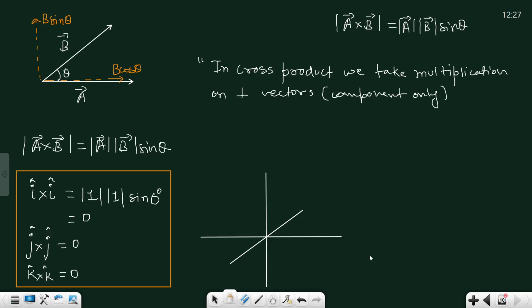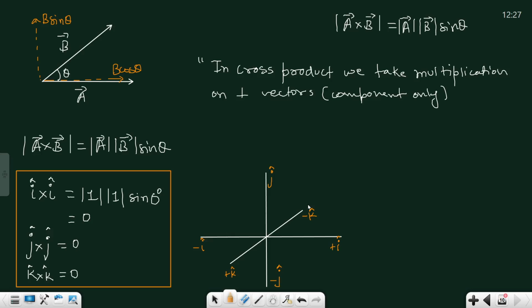So this is plus I, this is plus J, this is plus K. Put the cap on each unit vector. This is minus J, this is minus I, and this is minus K.